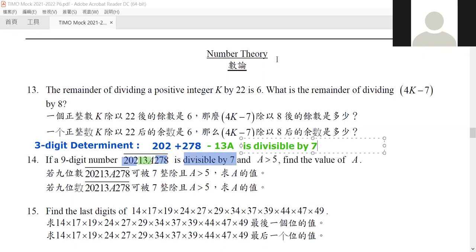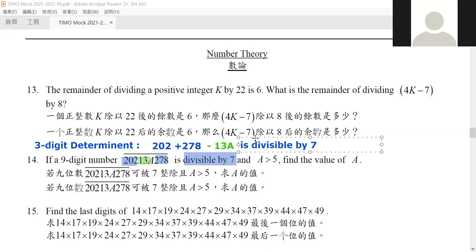This is in a certain sense very similar to the sum of the digits for divisibility by 9, but in this case, instead of going digit by digit, we divide it into groups of 3 digits.